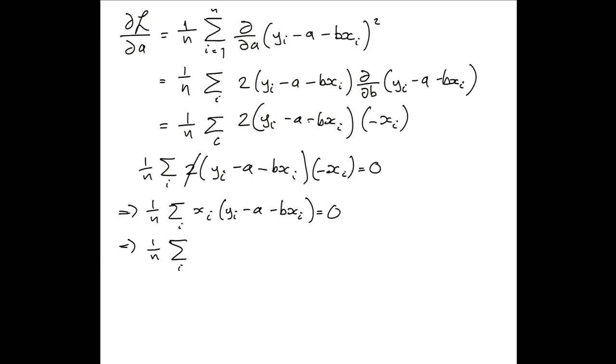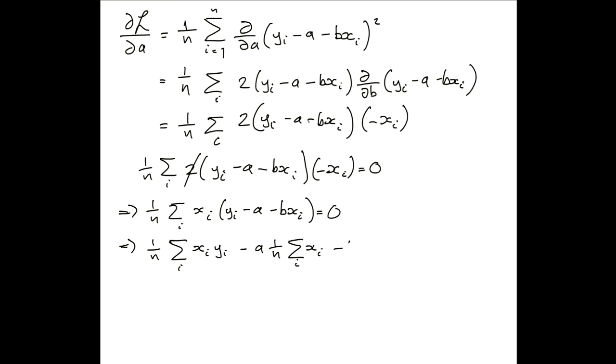I won't go through the whole thing. You can check your reasoning and you'll have a chance to do this in the tutorial work for next week. So we can expand this out and we can separate the components. So we can get this, and then we have a times 1 over n sum over i of xi, and what else do we have?